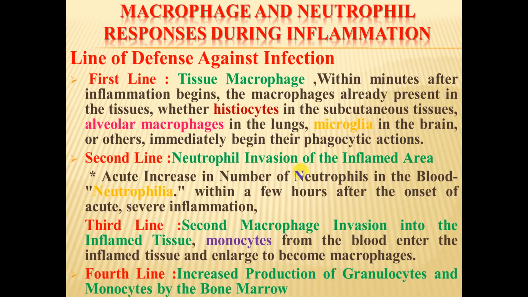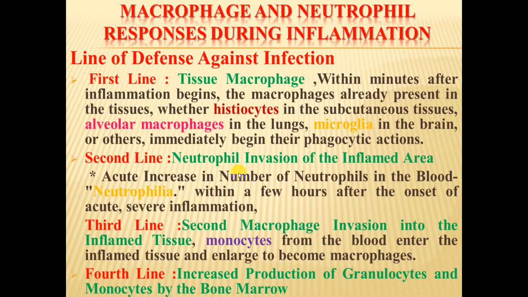Second line: neutrophil invasion of the inflamed area. بعد ما التشو macrophage attack the foreign body أكيد راح ترسل عند الكيموتكسس راح تحسس إلها النيوتروفيل موجودة blood vessels تكون close to this inflamed area.